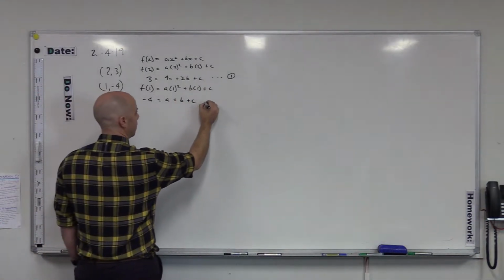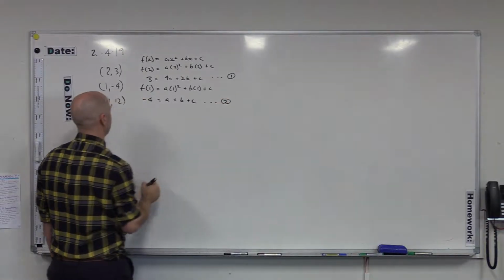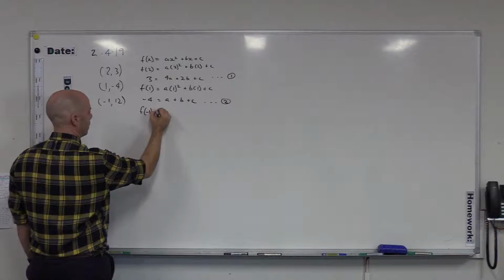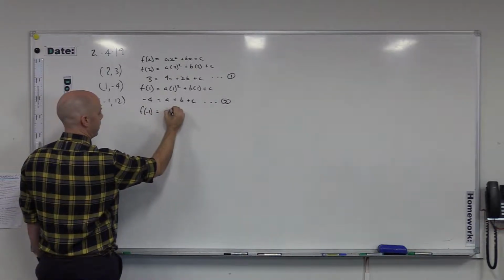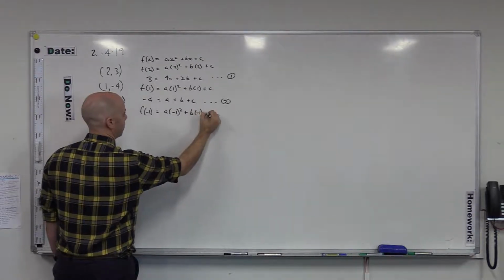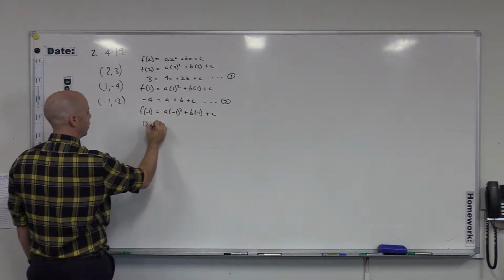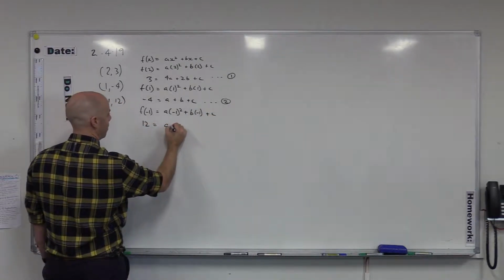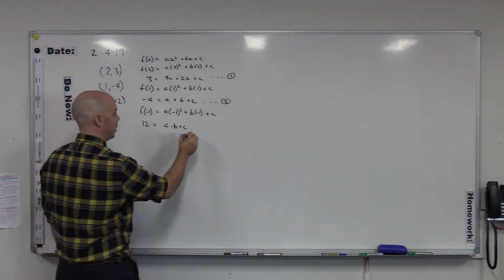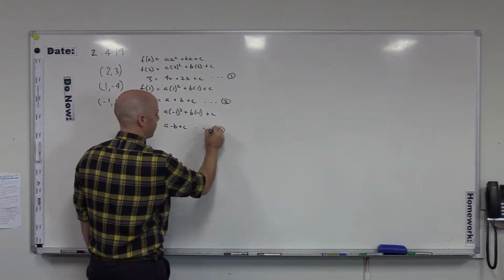So that is my equation number 2. And my third one, I'll just go through this one now. F at -1 equals a -1 all squared plus b -1 plus c, and that's equal to 12. It is a minus b plus c. And that equals number 3.